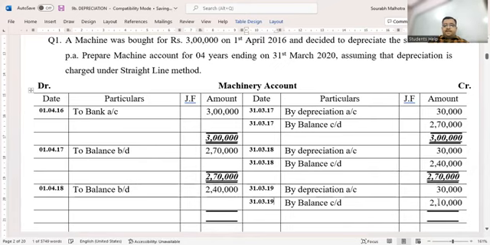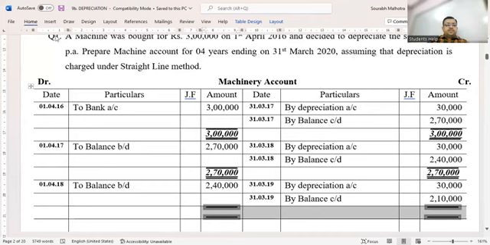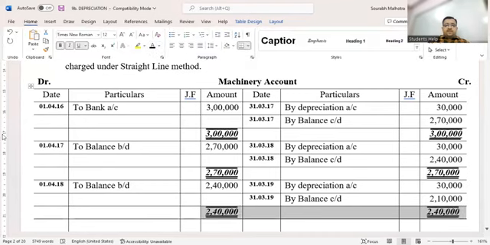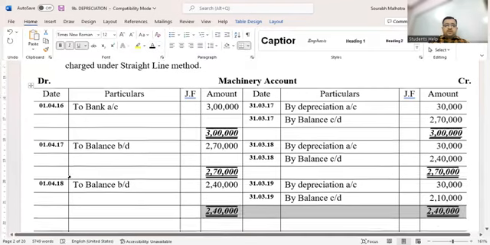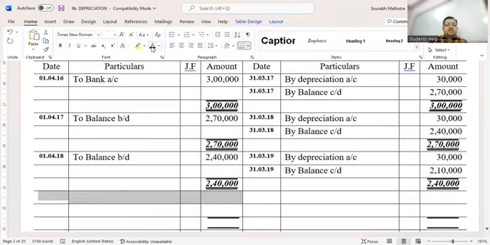Date being 31st March 2019. What would be the total on both sides? 240. And after the total, what are we supposed to put? To balance brought down, and the value would be 2,10,000, the same as that of carried down. Quickly put it.